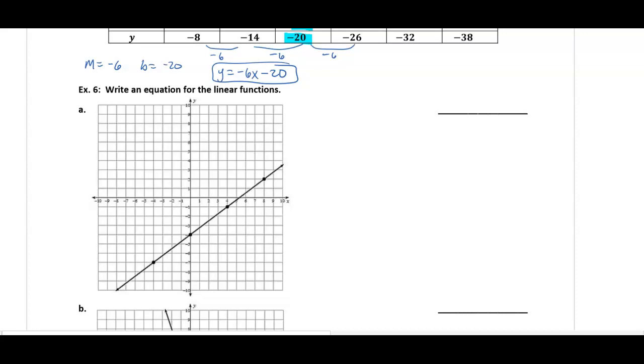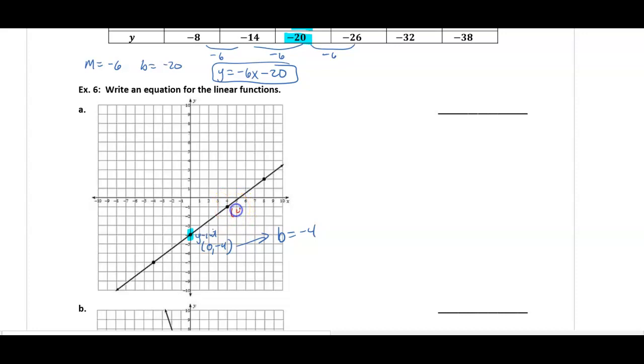Now, the next one, first off, easiest part is to find the y-intercept. You know this is your y-intercept, which is at 0, negative 4. So right away that tells me b is negative 4. Now I have to find the slope of this line using the rise over the run. Now, can you find the ordered pairs? Yes. Right?